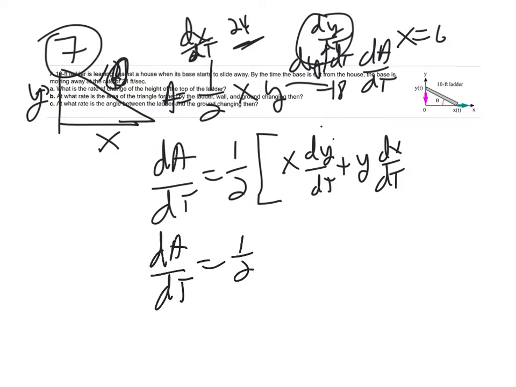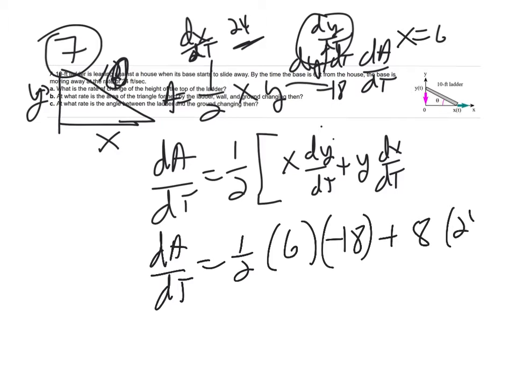It's going to be 1/2 times 6, because that's what it is at that instant in time, times, what is it? It was negative 18 plus y, which is 8, same situation, times dx/dt, which is 24.